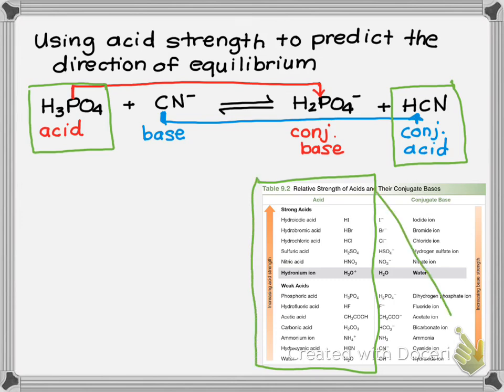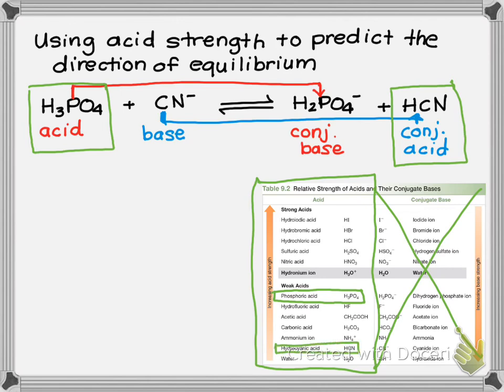I'm not going to look at this side because I'm comparing acids, not bases. What I want to do is identify which side has the stronger acid. So I find H3PO4, here it is. And then I find HCN right here.